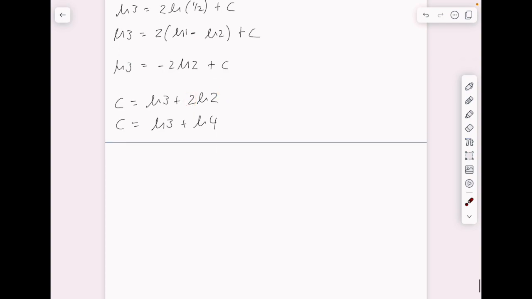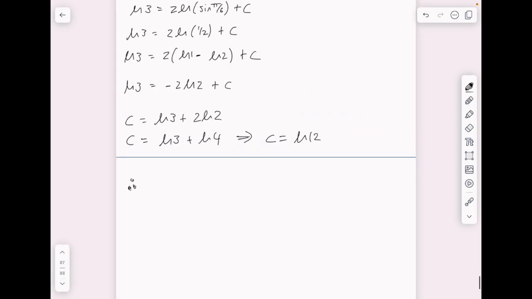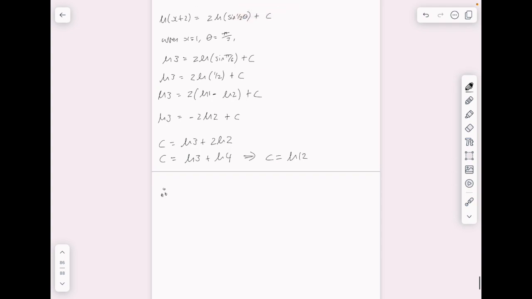So this means that c is equal to ln 12. Therefore, we can say ln x plus 2 is equal to 2 ln sine of a half theta plus ln 12.